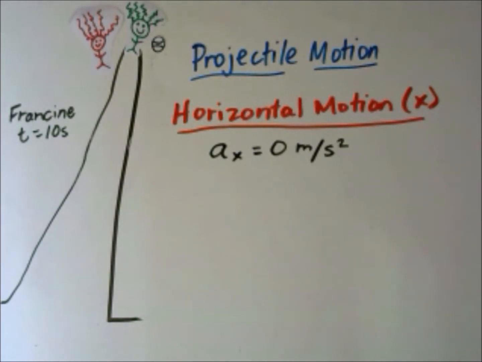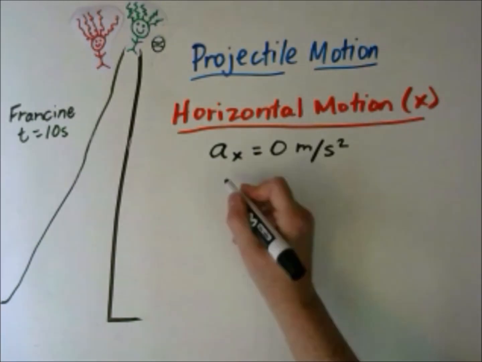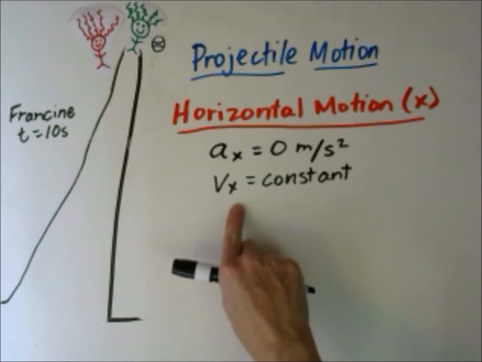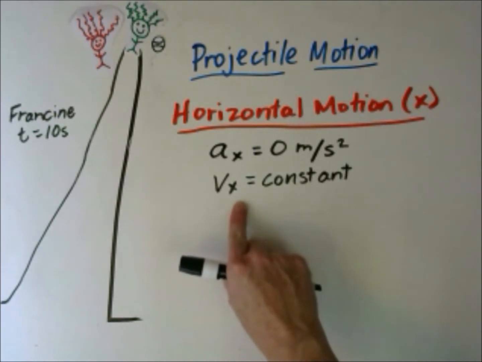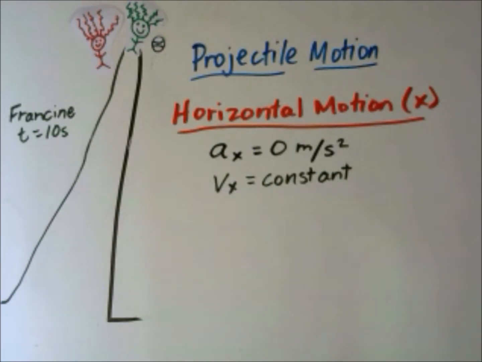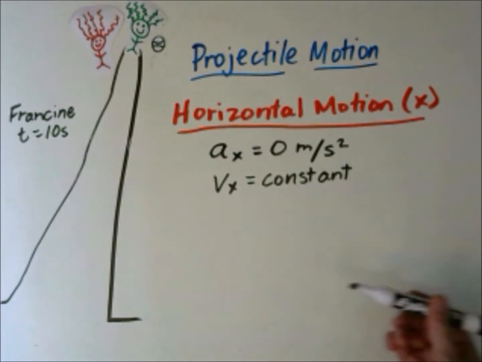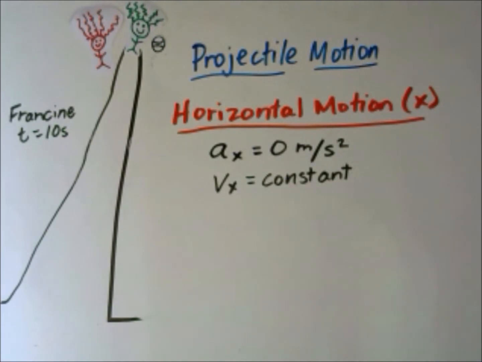As a result, the velocity in the x direction, which we write v sub x, is going to be a constant throughout the projectile. The subscript just says we're talking about velocity in the x direction. So from the time he throws the baseball until it hits the ground, its x velocity will be 20 meters per second.